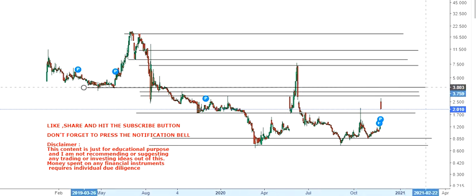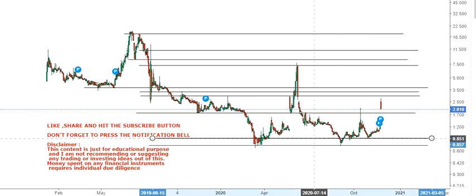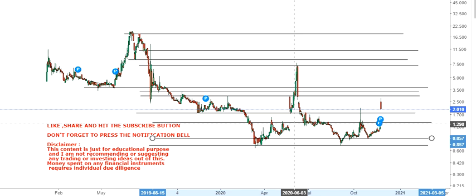That's a very important thing. As you can see, I have marked all the important support and resistance levels, and there are lots of them, which is important here.